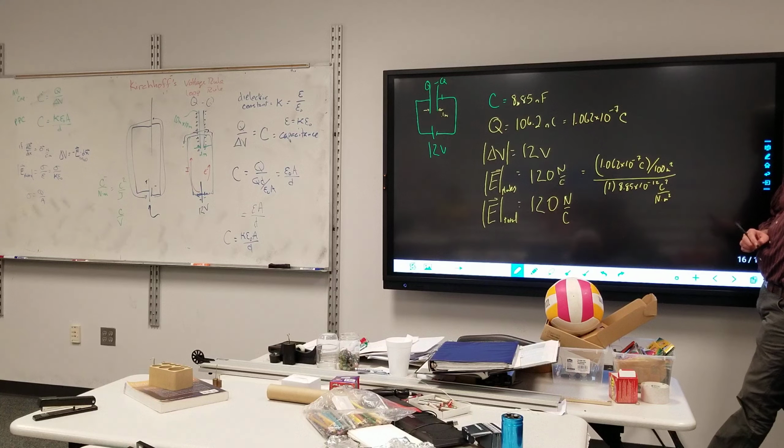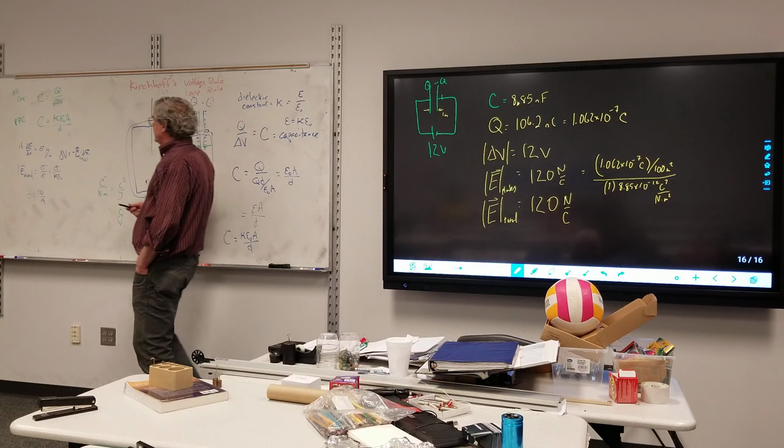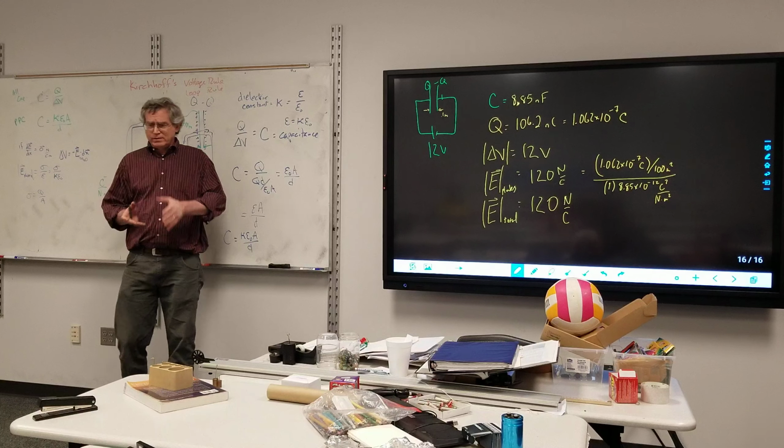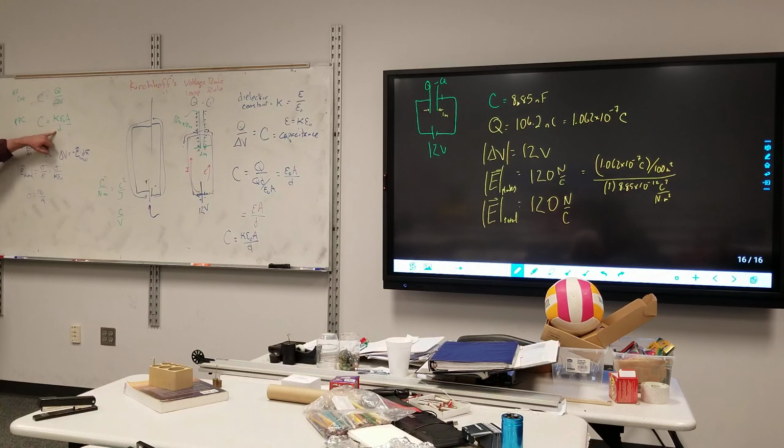Make them closer. All right, we can affect d. Capacitance, especially with the parallel plate capacitor, is the geometry of the situation. If I move them to half the distance, so 5 centimeters away from each other, keeping everything else the same, my capacitance would double. So I can get a greater capacitance just by getting them really close to each other.